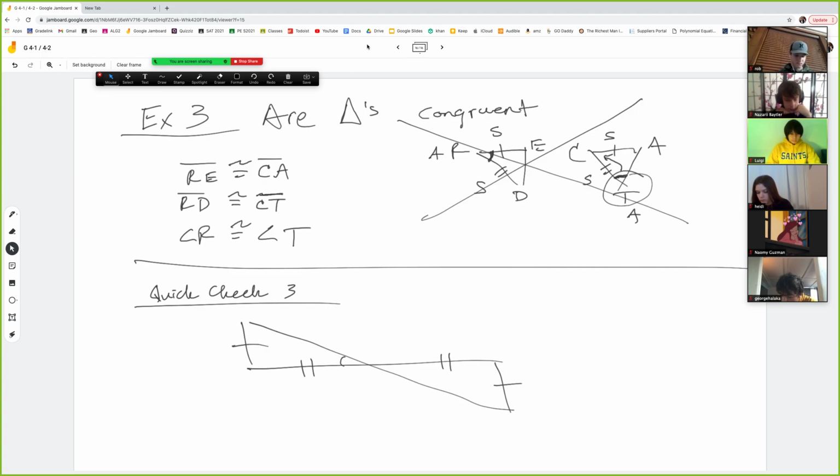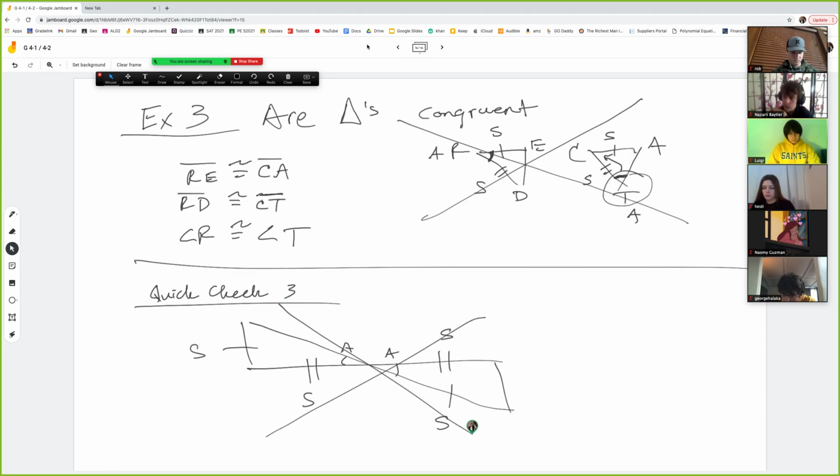So you've got 1, 1, 2, 2. So we have this angle and this angle. Again, here you have side, angle, side. But here you have side, side, angle. Okay? So they are not the same.